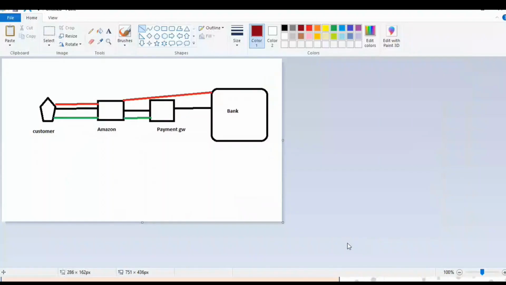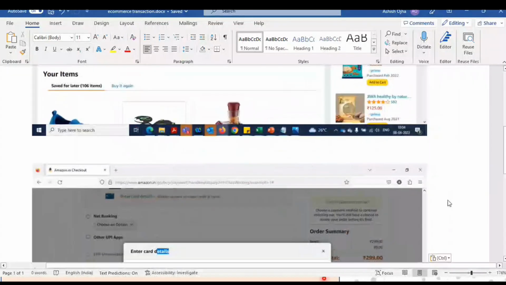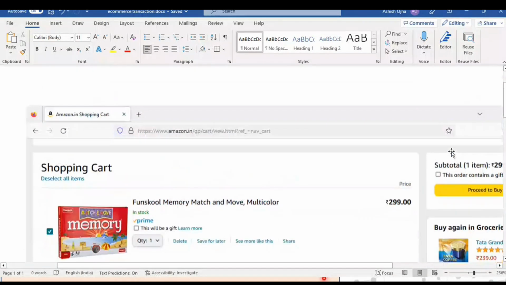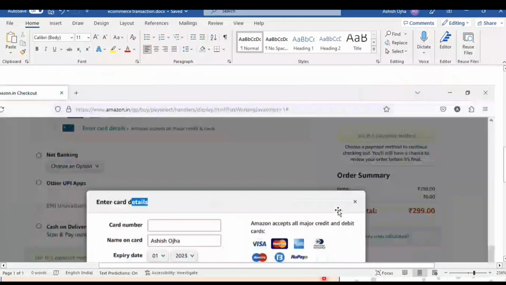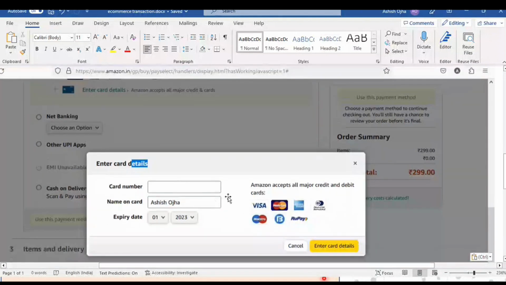Let me just share that. Okay, I hope this is visible to everyone. So there is an option when you go to Amazon, the option of proceed to buy. When you go for the buy option, you see here it says enter the card numbers.